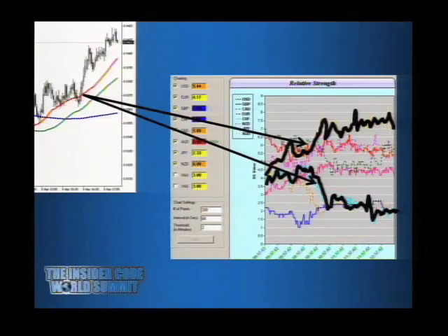And then as the trade is moving along, we can keep our eye on it. Is it still staying strong? Is it still staying weak? So we have a way to monitor the market. Again, supporting our decision.